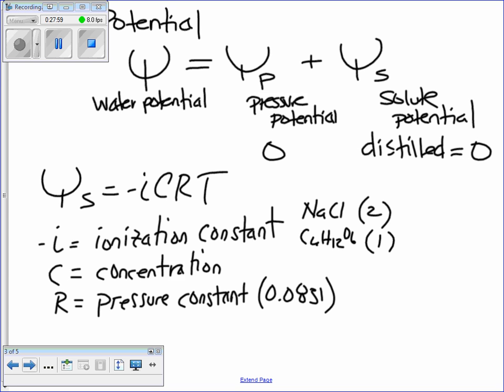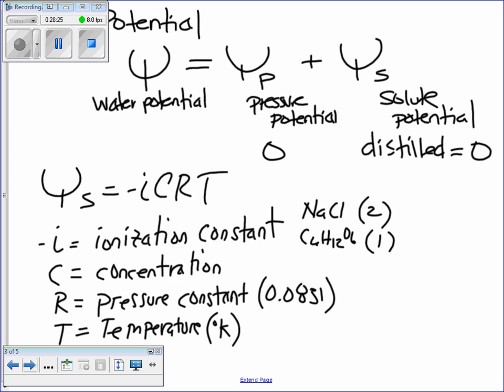And then T is for temperature, but it's temperature in degrees Kelvin. If we recall, how do we convert from Celsius to Kelvin? We simply add 273. So if your temperature was 23 Celsius, add 273 to that, and it would be 296.